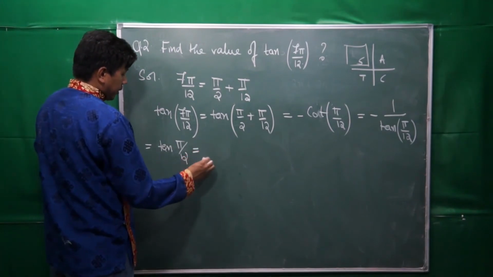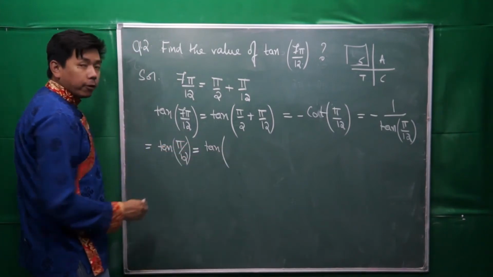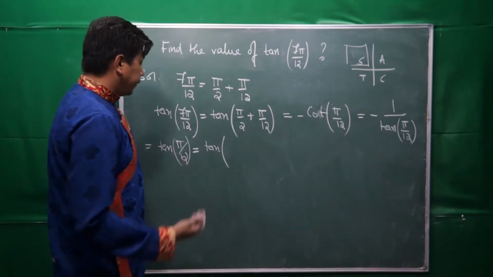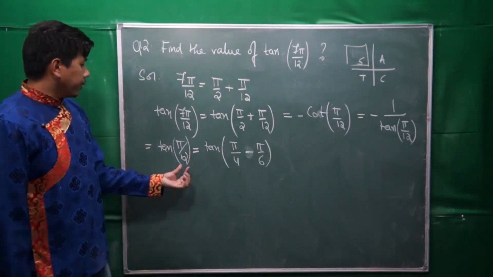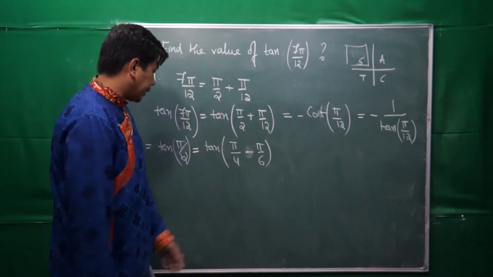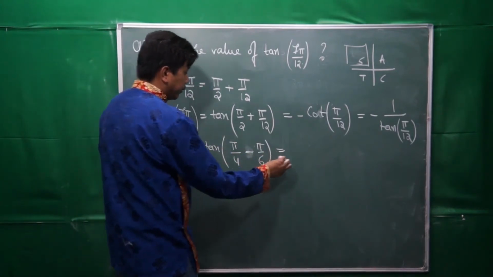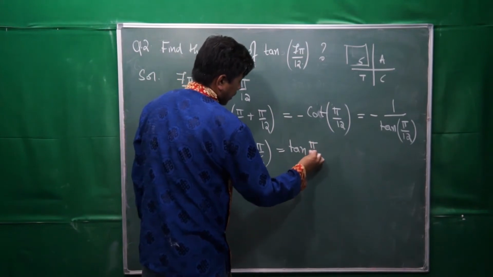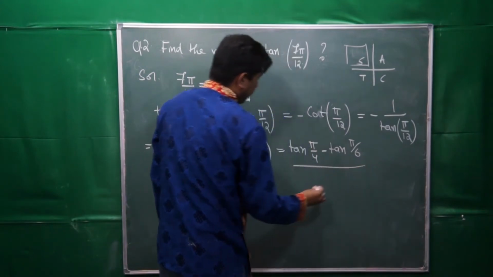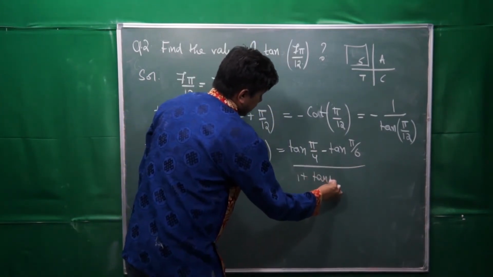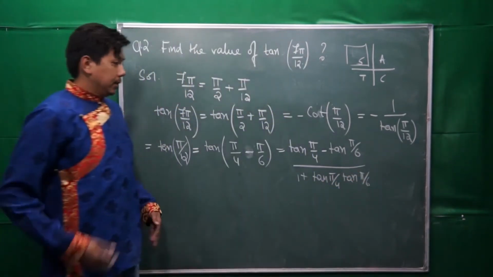If you remember, as we did earlier in the case of cos, where we converted cos pi by 12, we can break it. So we'll write tan pi by 12 equals tan of pi by 4 minus pi by 6. Now this is the formula of tan of A minus B, equals tan A minus tan B upon 1 plus tan A tan B. Simple.